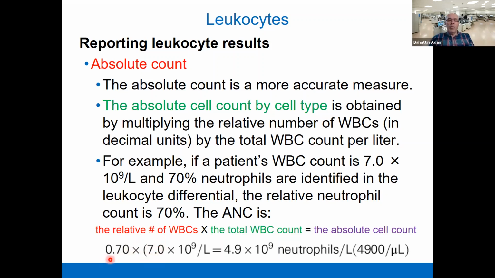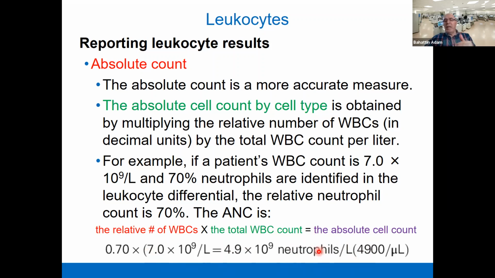Therefore, you are going to multiply 0.70 by the total white blood cells, and then you get the absolute cell count for neutrophils.